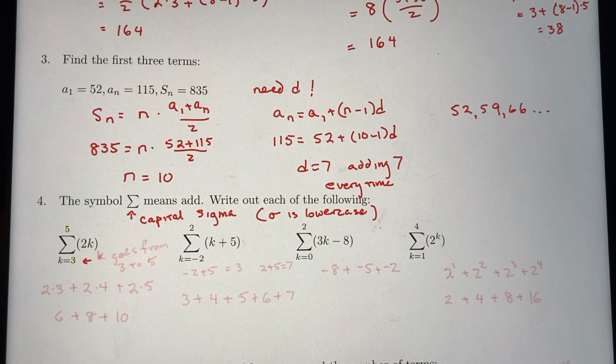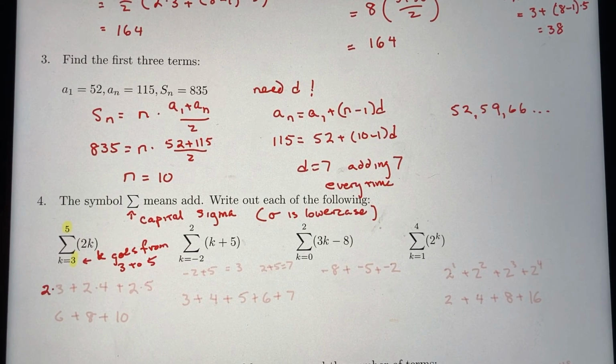This k equals 3 to 5. So it's read sum as k goes from 3 to 5. Start at 3, keep going till you get to 5, by ones. This particular notation doesn't really have a way to make you count by twos or anything. It's just whole numbers going from what to whatever.